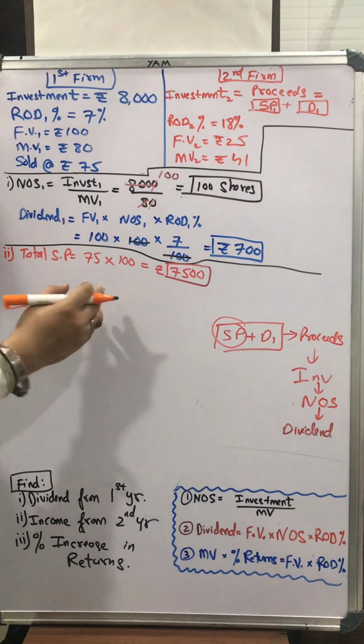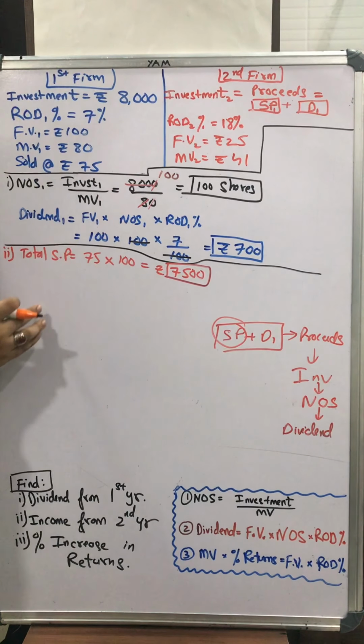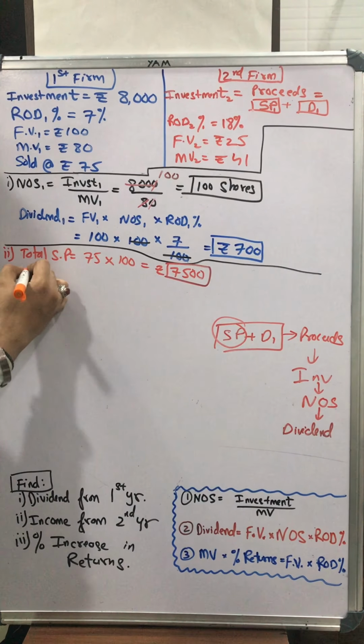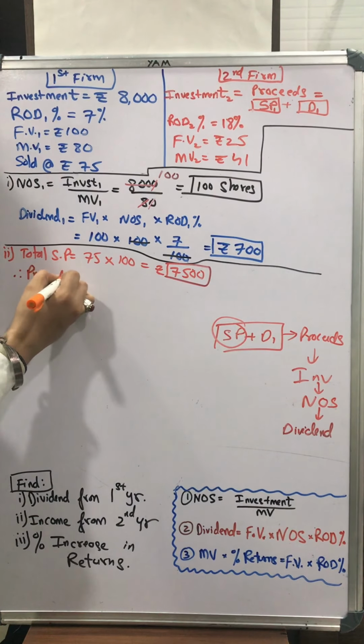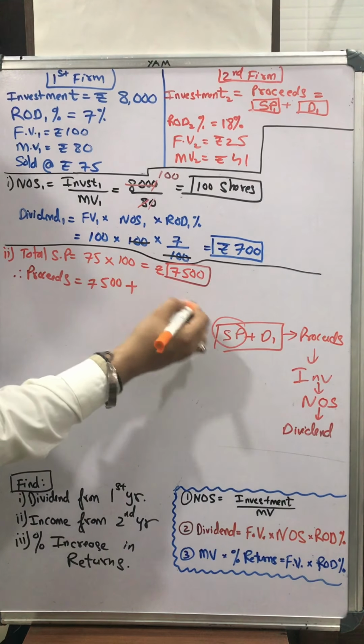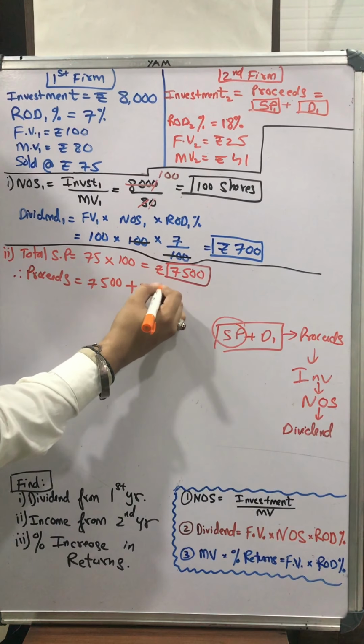But this alone is not the proceeds. We need to add his income or dividend from the first firm. His dividend was 700 rupees. So proceeds will be 7500 plus his dividend, this one, 700. I copied this 700 from here.